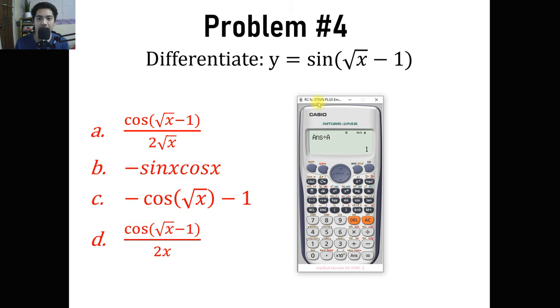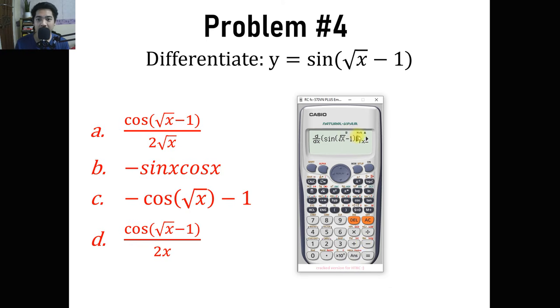Okay, sine of square root of x minus 1. So the same process. So we have sine, okay? We have the square root of alpha x, then minus 1. Close the parenthesis, okay?